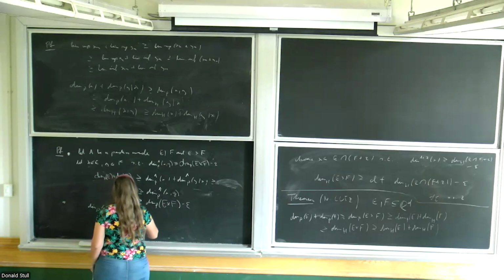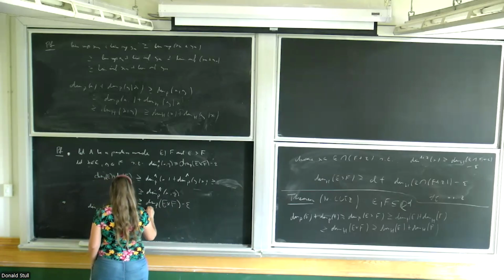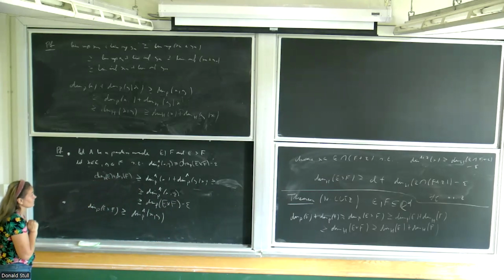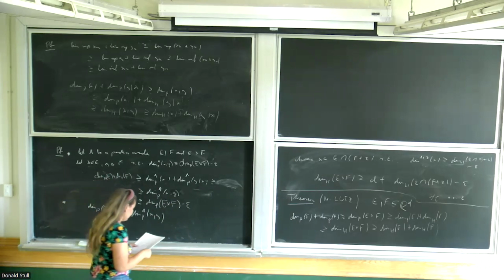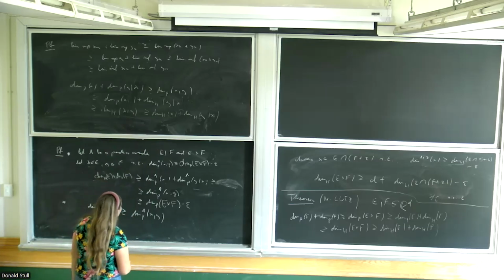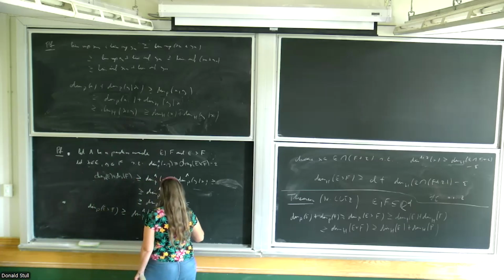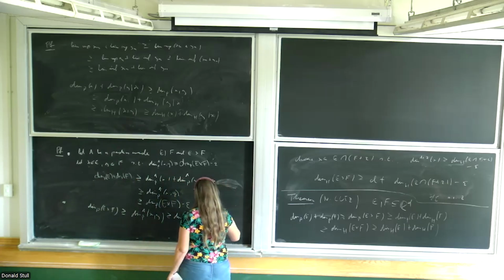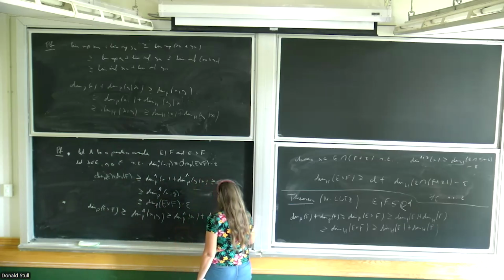So this is larger than the packing dimension of x and y. Now I use symmetry of information. So this is larger than the packing dimension of x plus, now it's the Hausdorff dimension of x given y.